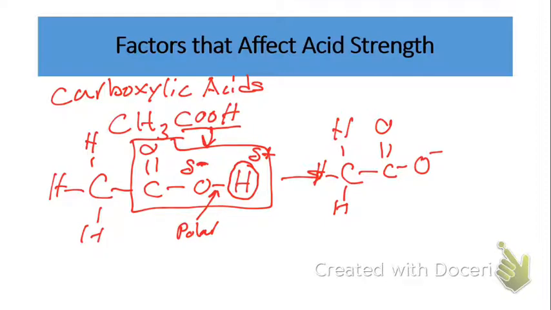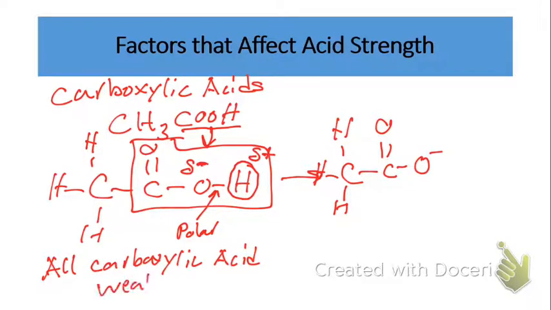Now, the conjugate base is also important, and we're going to talk about why the conjugate base is so important to allow carboxylic acids to be acidic. I do want you to know that all carboxylic acids are weak acids. All right.